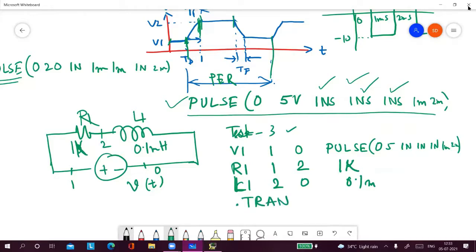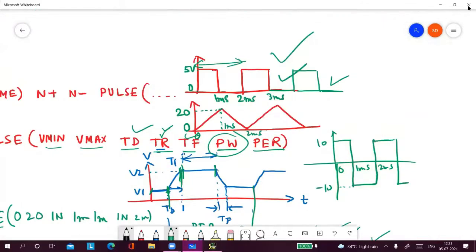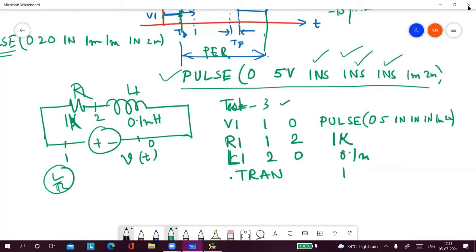What will be the final time? Don't take L by R here, because we have a periodic waveform. Let us study 5 cycles; with a period of 2 milliseconds, the final time will be 10 milliseconds, with UIC.